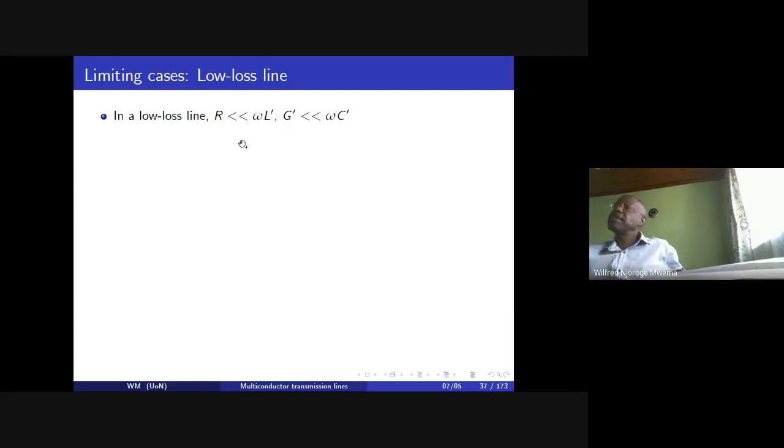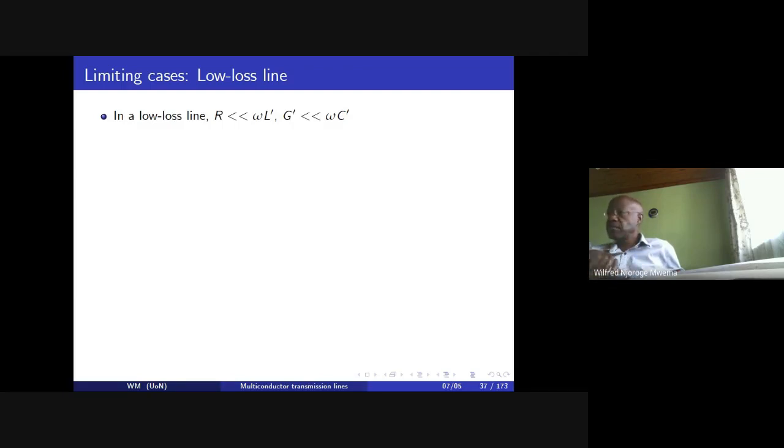This is the same thing we were saying when we were looking at the fields in unbounded media. We were saying that if the conductivity or the conduction current density is much smaller than the displacement current density, we can say that that medium is a good dielectric.